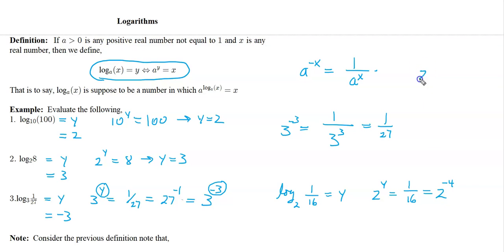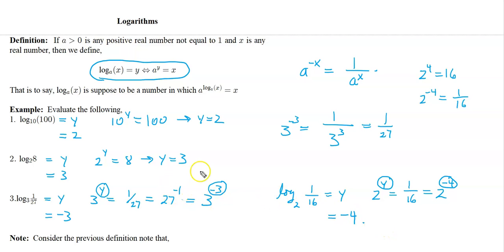Because you see 2 to the 4th is 16, right? 2 times 2 times 2 times 2 is 16. So 2 to the negative 4th is 1 over 16, 1 over 2 to the 4th. And so therefore the y should be negative 4. So log base 2 of 1 over 16 is negative 4.